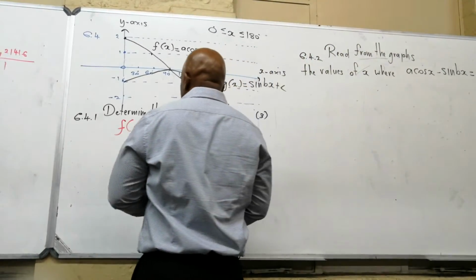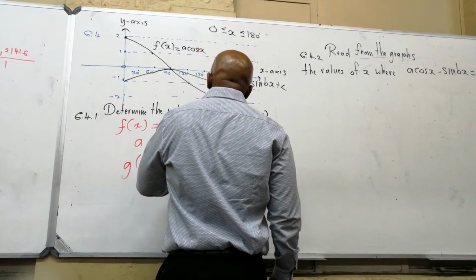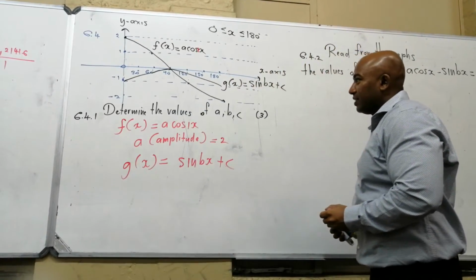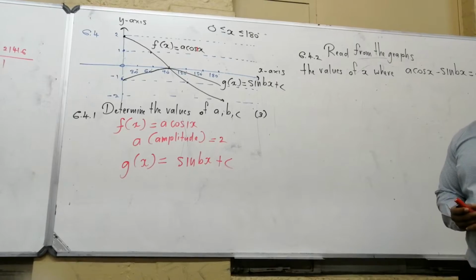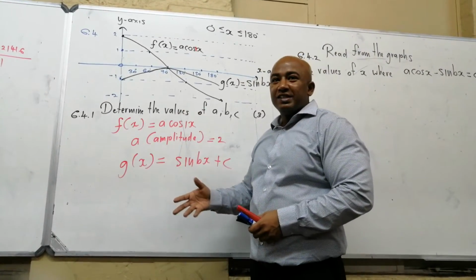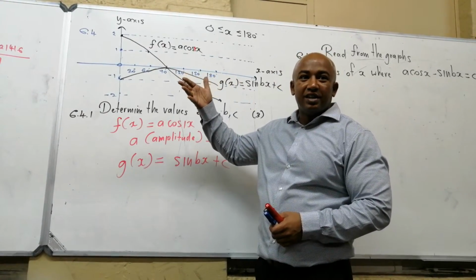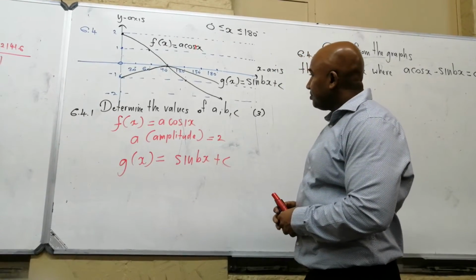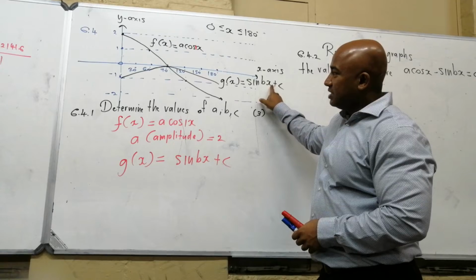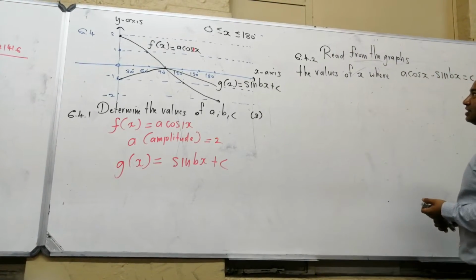So let's see what we have here. We have g of x is equal to sine of bx plus c. Now, you have to be sketching your trig graphs to know the difference between what you see here and your basic trig graph. So, this graph here, sine of bx, your basic sine graph, how does it look?